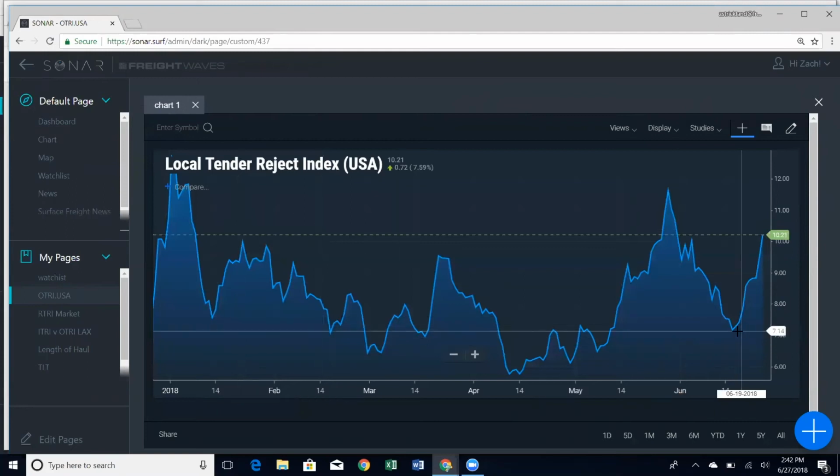So you can see that right here, the local tender rejection index, C-Tri, is generally one that people don't turn down with a lot of frequency for whatever reason. The local hauls tend to be a little bit more favorable. Drivers are kind of bridging the gap between cities and markets. These are obviously also a little bit more prevalent in some of these areas as they move between local regional hub-and-spoke networks.